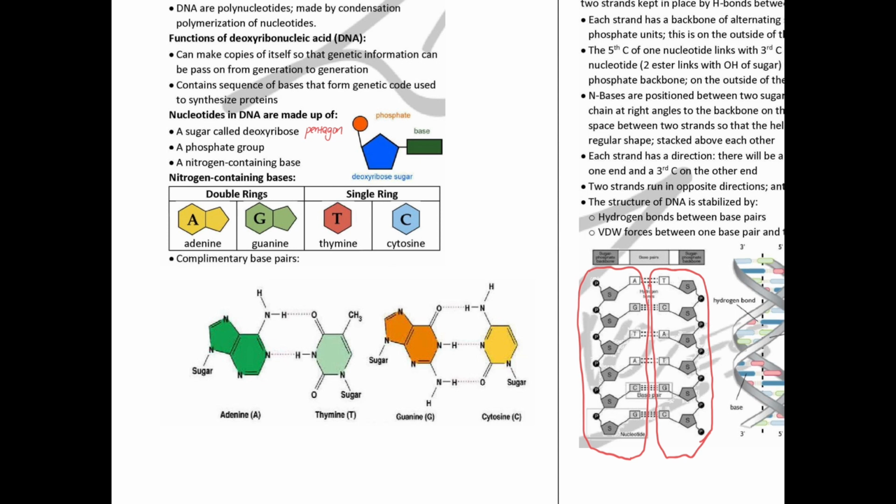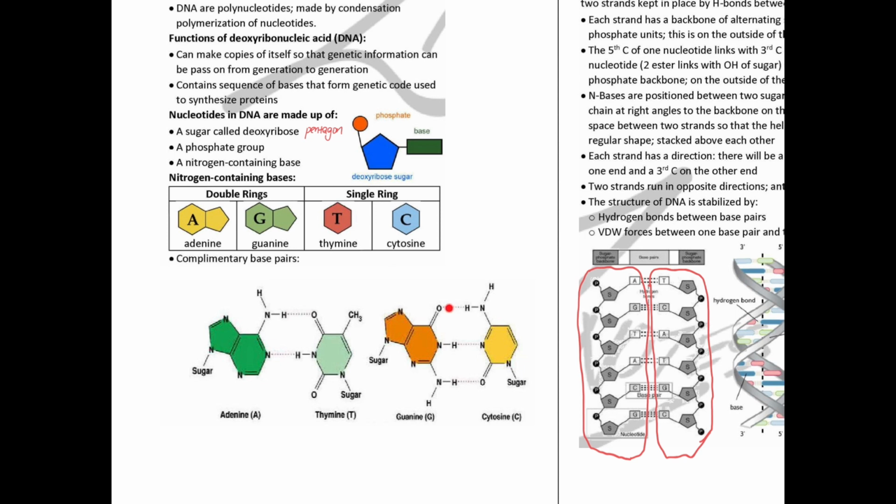A and T form 2 hydrogen bonds, so you can see it here: 1 hydrogen bond, 2 hydrogen bonds. The first one is between H and O. The second one is between N and H. G and C form 3 hydrogen bonds.